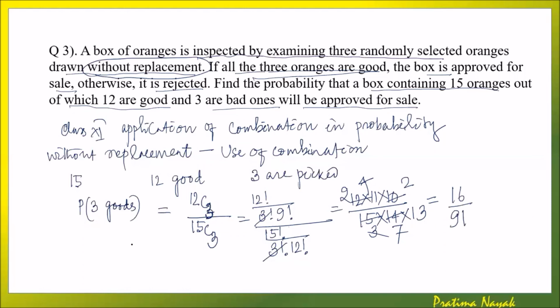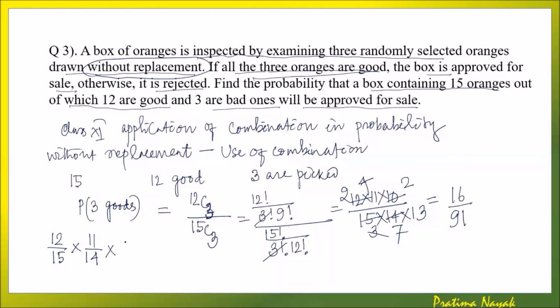And if you want to use the combination, how you write this question? We'll write first good will be 12 by 15. Next good will be 11 by 14. Why? Because one good already you have chosen and we are not replacing. Similarly, one sample space will be less.